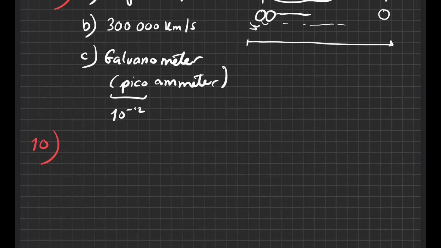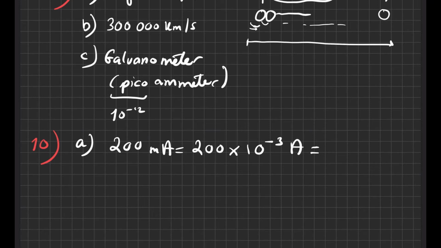Part A. To measure a current of 0.4 ampere, we can use the scale of 200 milliamperes. Let's start by saying 200 milliampere equals 200 times 10 to the power minus 3 amperes, that is 0.2 amperes.